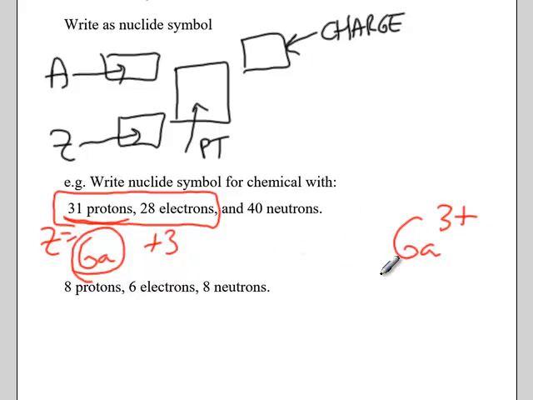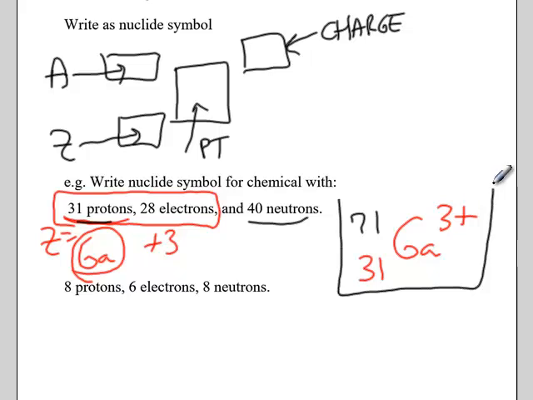On the left-hand side, the subscript we get from the atomic number Z, so that's just 31 again. The superscript is the mass number, which remember was protons plus neutrons, so that's a total of 71. So this would be the nuclide symbol for that atom.